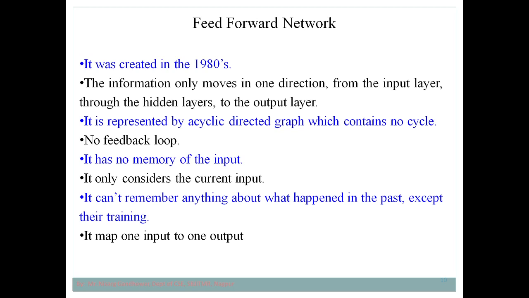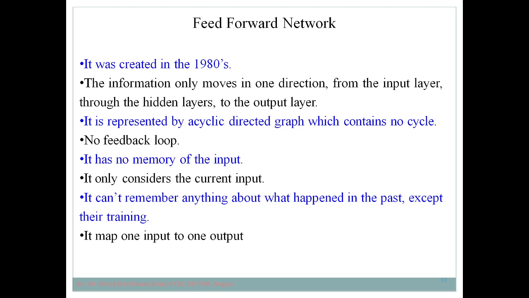It only considers the current input, and it just forgets about what happened in the past, except for their training. This means the previous input that was given is ignored, or not remembered, because there is no memory available in a feed forward network.